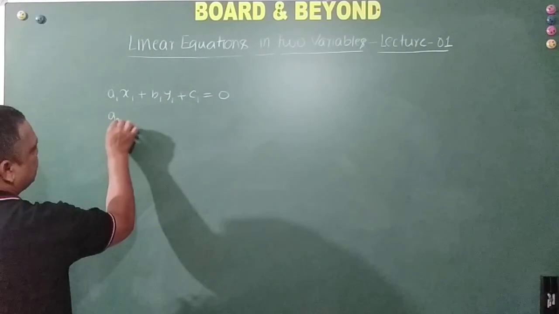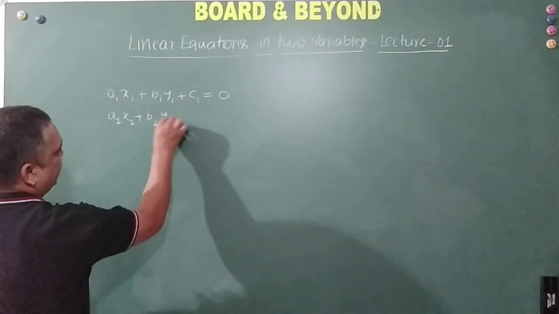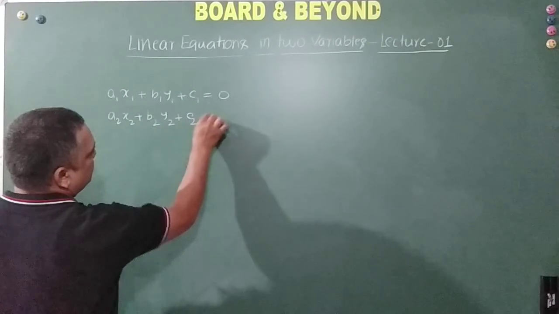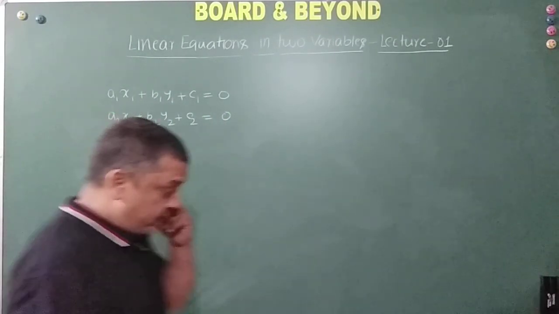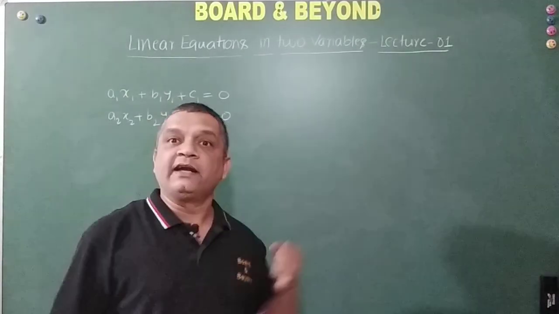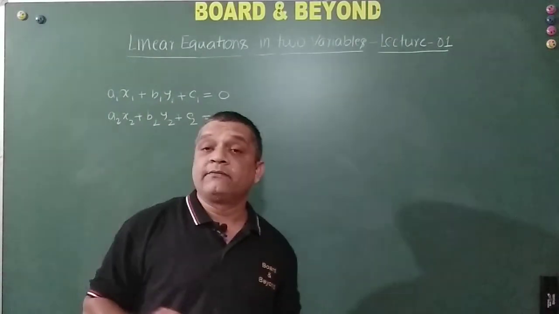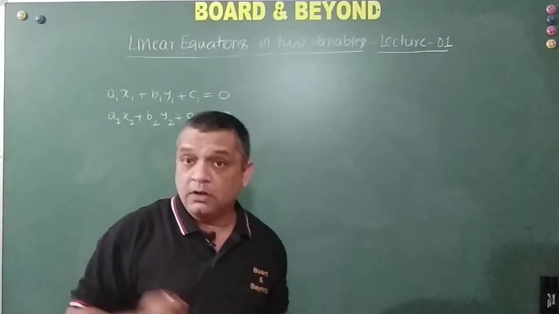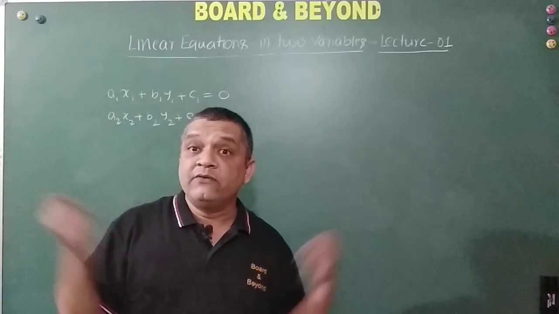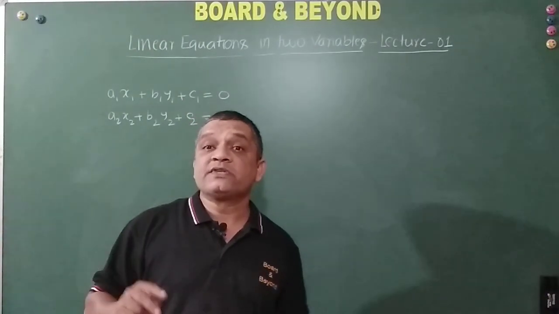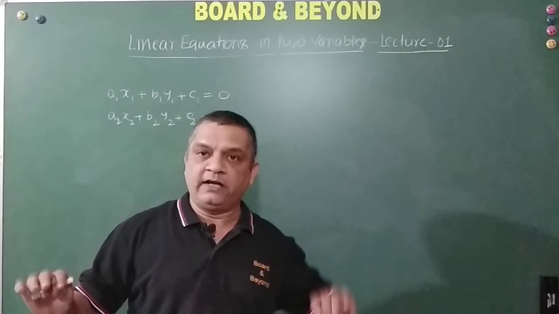And I will write another equation, a2x plus b2y plus c2 is equal to 0, right, friends? Now we need to see certain criteria here. In which condition will it have a unique root? In which condition will it have no roots, and in which condition will these two equations have infinitely many roots, right?